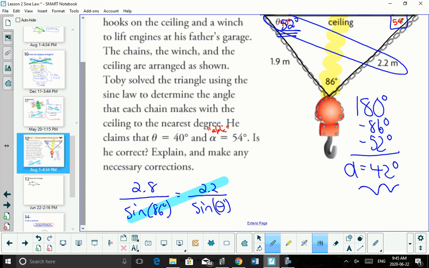So Toby screwed up. He got both theta and alpha wrong. Who knows what mistake he made? Maybe he got the 2.2 and the 2.8 backwards. Maybe he didn't use the right matching pair. Who knows?